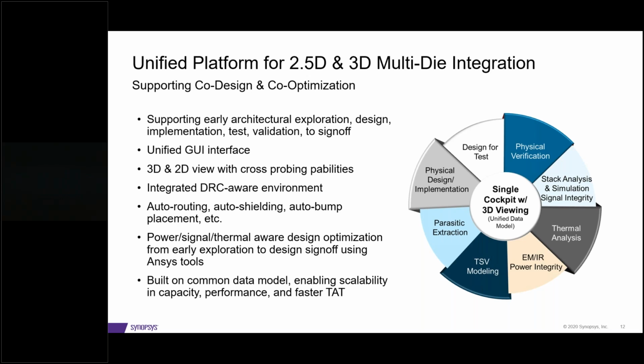So there are different levels of design, as I mentioned. There's exploration, there's design, implementation, validation. You could do a lot of those analyses upfront in your exploration. Depending on how much information you put in, that's how accurate your analysis is going to be.